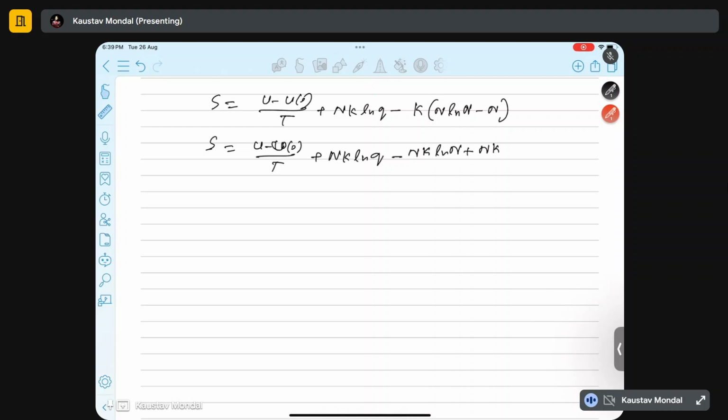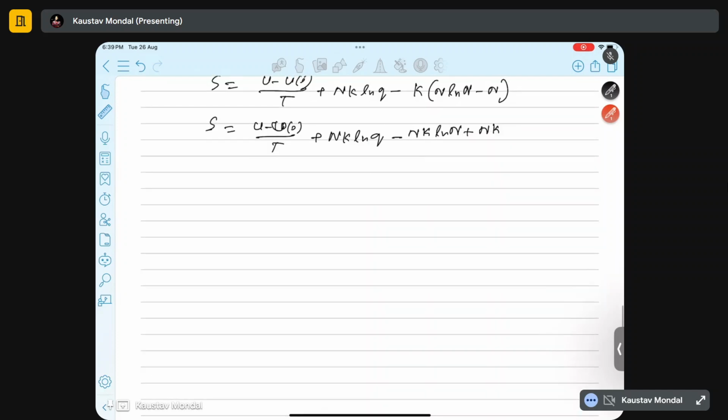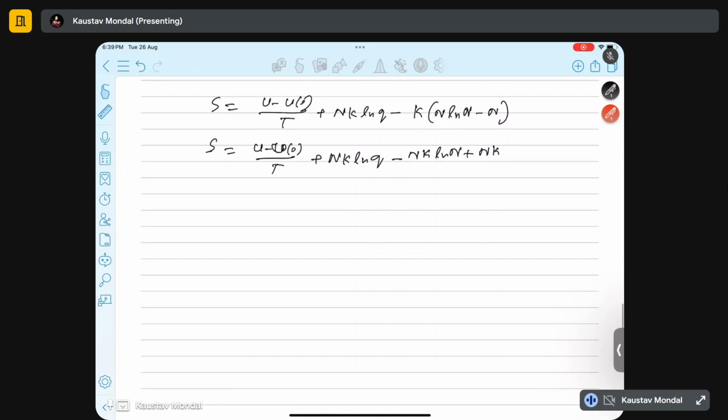Now, this N is the number of particles, right? If there are n moles of particles, then N would be n, the number of moles, into Na, the Avogadro number.